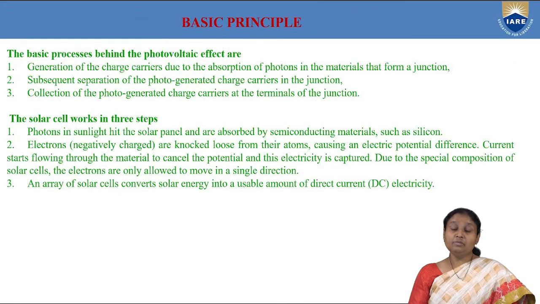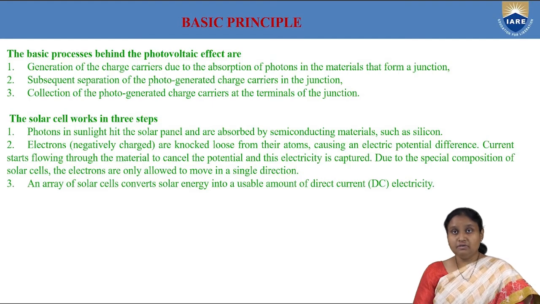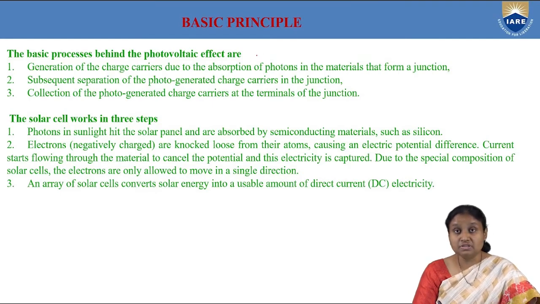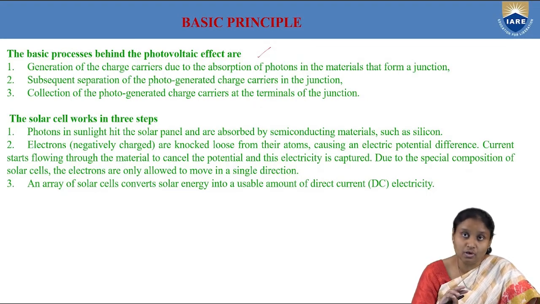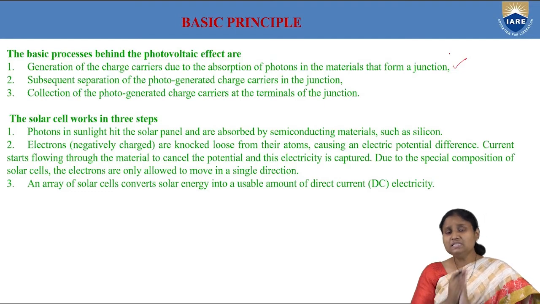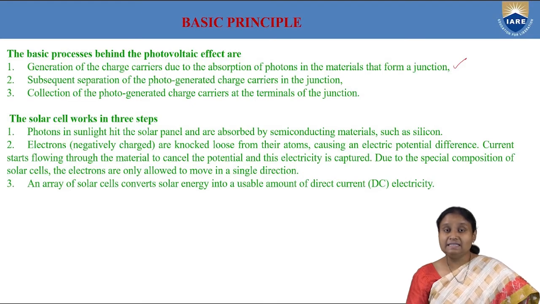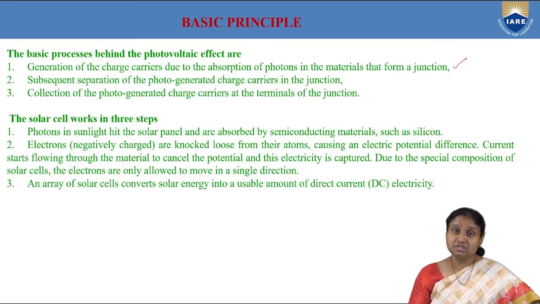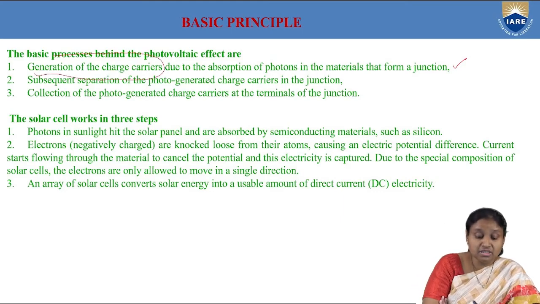Talking about the basic principle, here we observe the basic process behind the photoelectric effect. There are three processes involved behind the photoelectric effect which takes place in a solar cell. First, once we make sunlight fall on the PN junction or depletion layer, present at the junction of p-type and n-type semiconductors, there is generation of charge carriers.